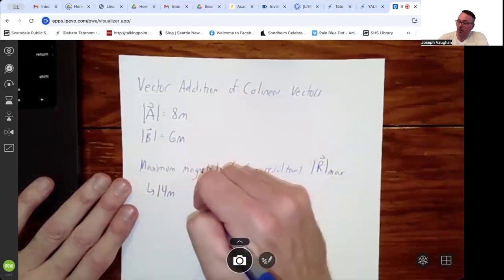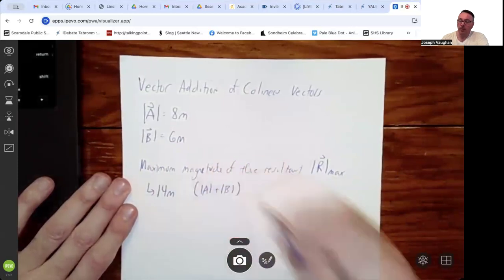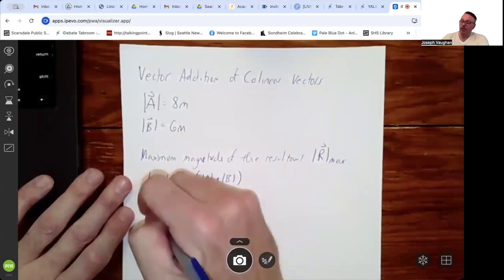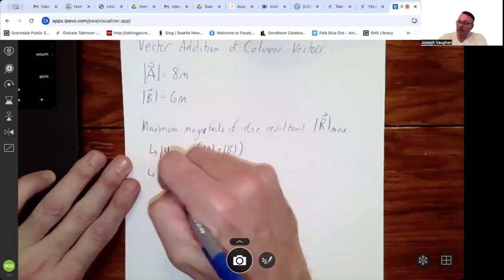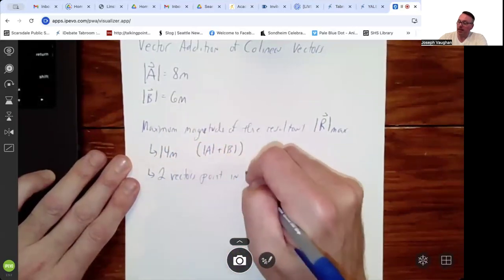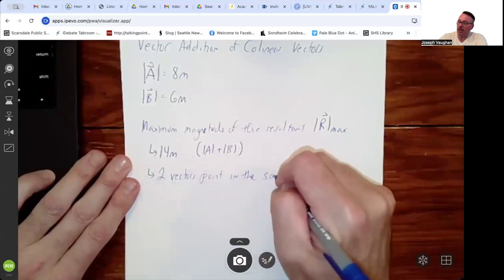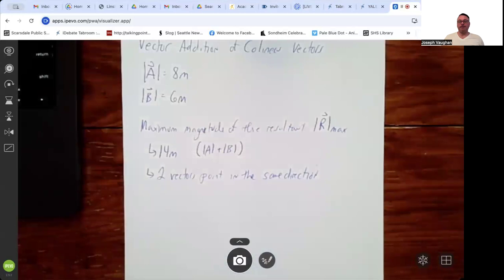So how do we get that? Well, we just added the two magnitudes together. Okay. So in what situation does that occur? Well, that occurs when the two vectors point in the same direction. All right.